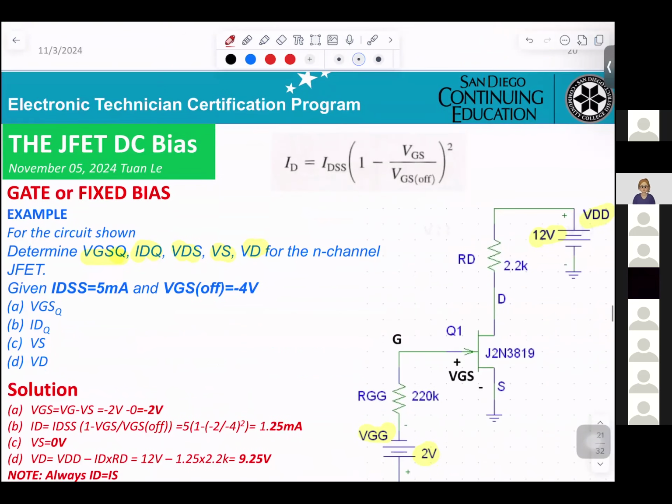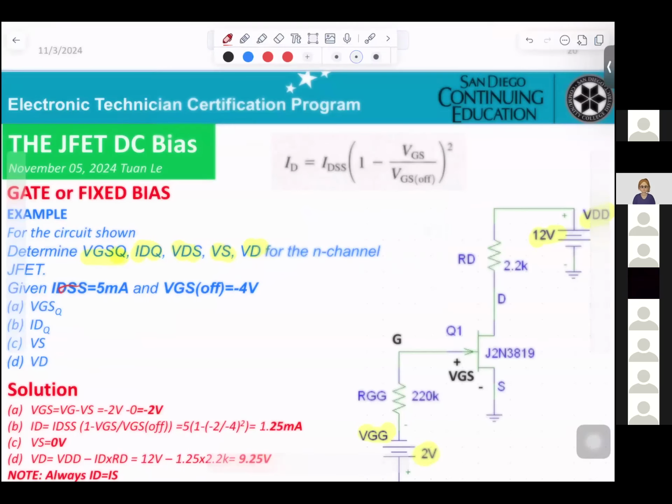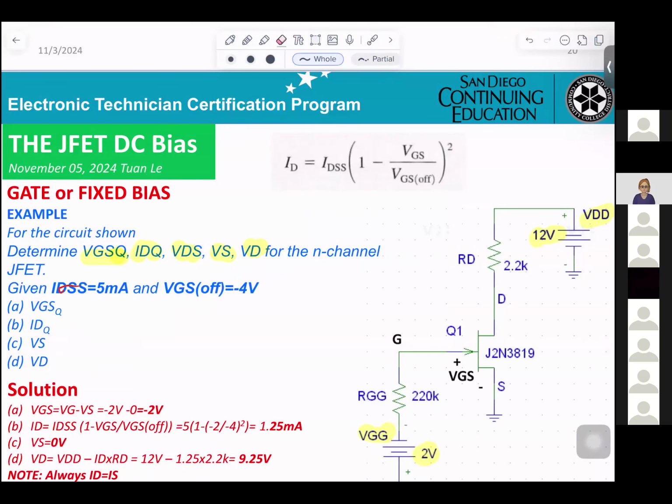Okay, now they're given that circuitry, given IDSS, 5 milliamp, VGS off minus 4 volt. First thing, they want to know VGSQ.